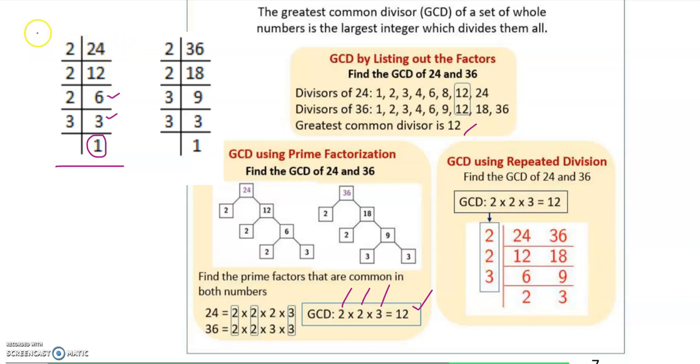Always do this repeated division for each number separately, not like this. Each number separately. You do the repeated division, then you write the prime factors, then you mark the common factors, then you multiply, you will get simply the GCD. This is the simplest way to find the GCD.